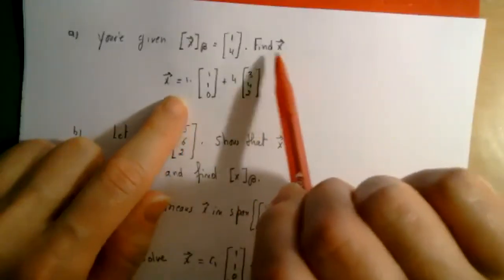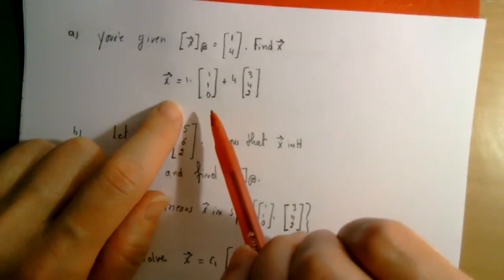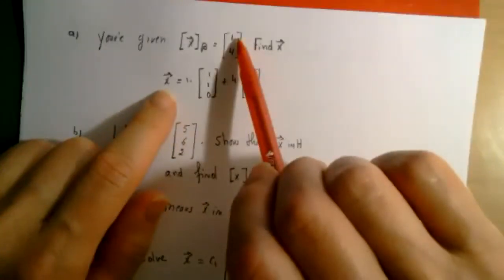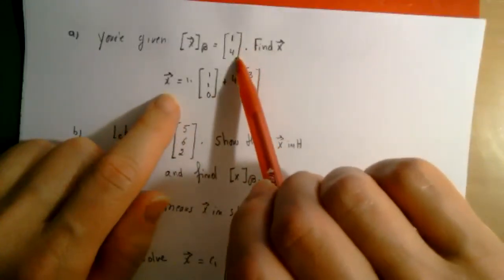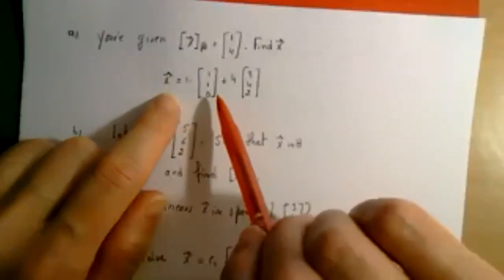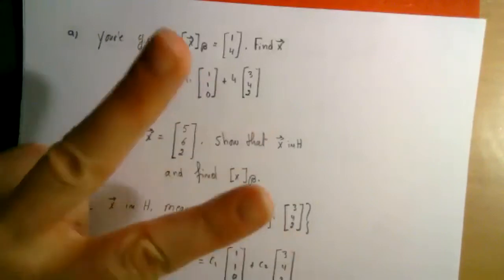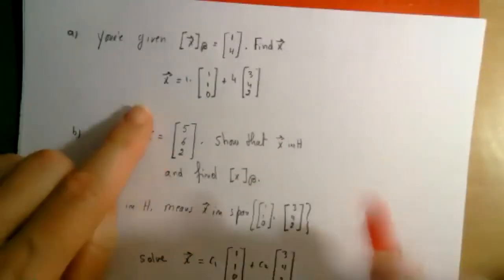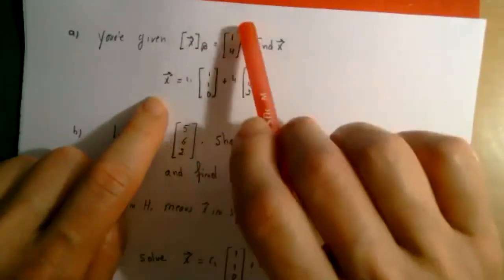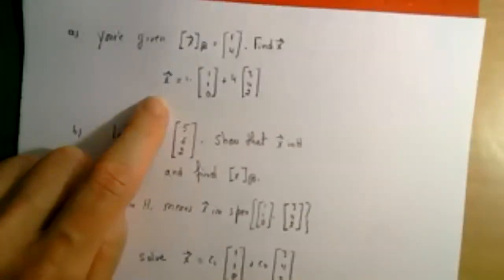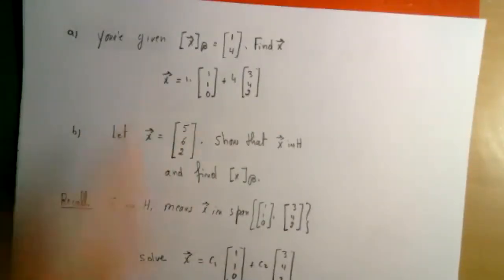What is X? As you realize now, the coordinate has two components, not three, because my H is the span of two vectors. So if I tell you the coordinate of X is (1, 4), I'm talking about the coordinate of X with respect to the basis that we just gave you. What does it mean?